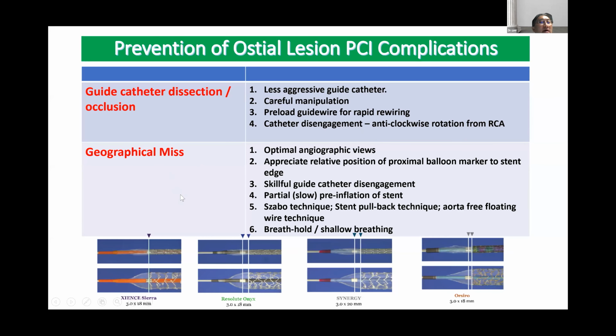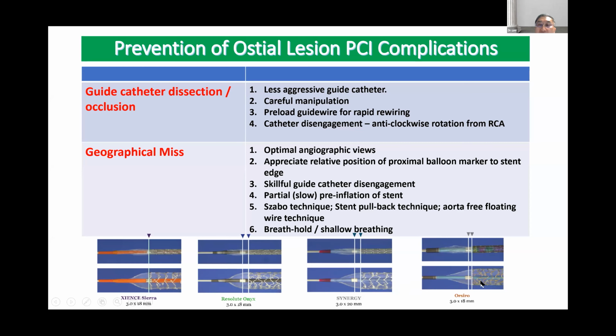And then to prevent or to minimize the geographical miss, we should have an optimal angiographic view and appreciate the relative position of proximal balloon marker to stent edge. For example, in the panels below, you can see that the balloon marker to the stent edge differ depending on the type of the stent, and on the Xience, it is actually right at the center of the marker.